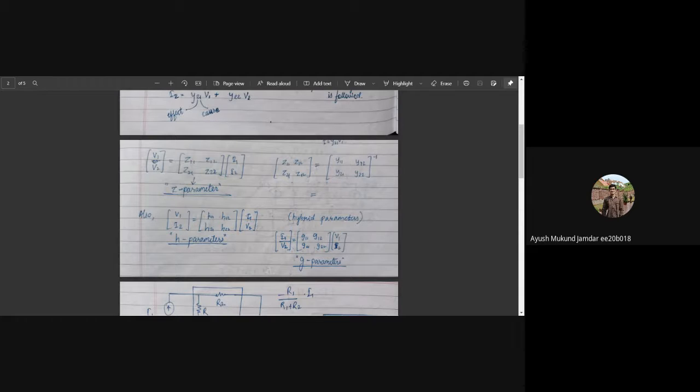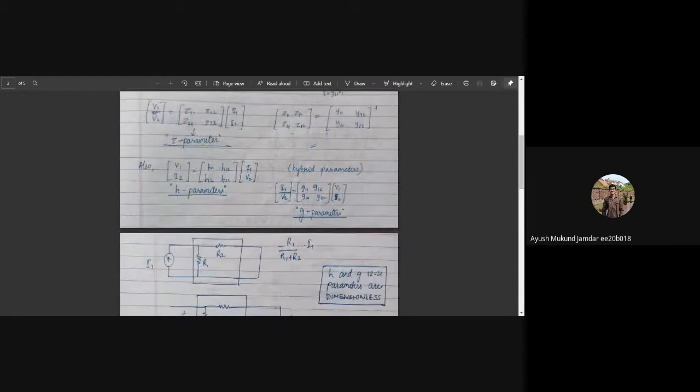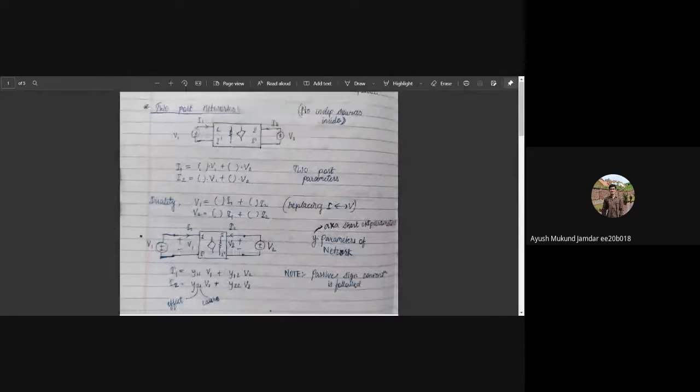And in this video, we'll touch on what the reciprocity theorem is, and why it is important. Basically, the reciprocity theorem states that if you have a network that is comprised only of resistors, a purely resistive network with no voltage or current sources, then we will have Z12 equals Z21, Y12 equals Y21, H12 equals minus H21, and G12 equals minus G21.